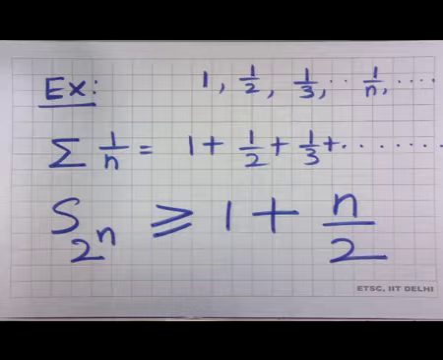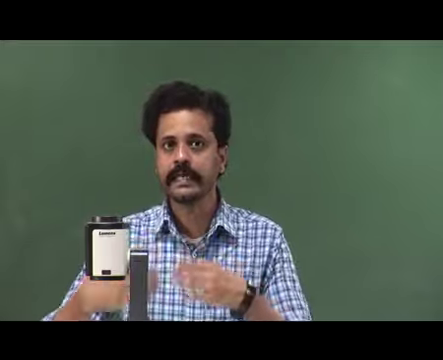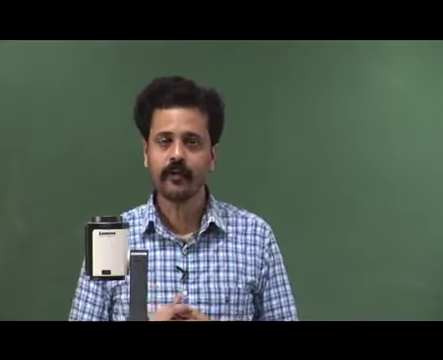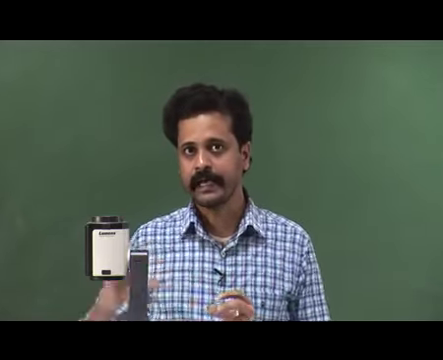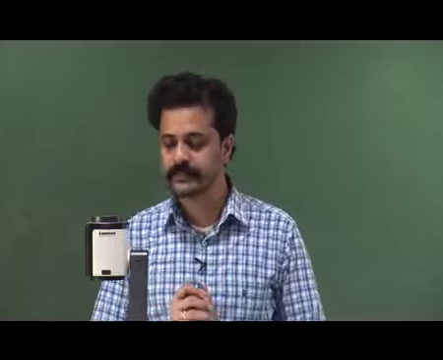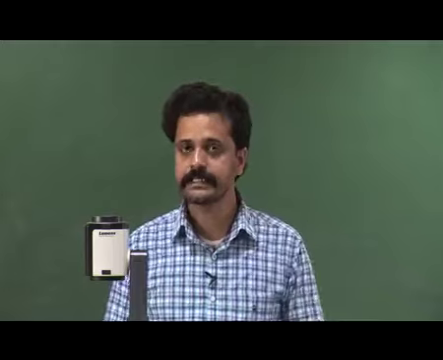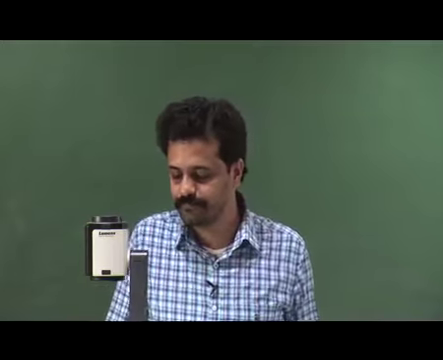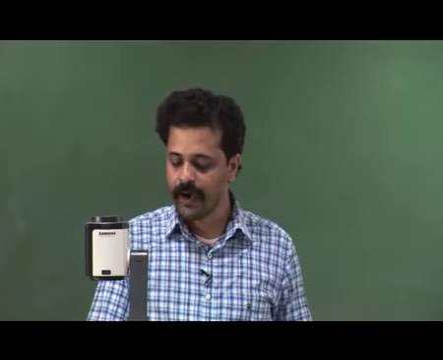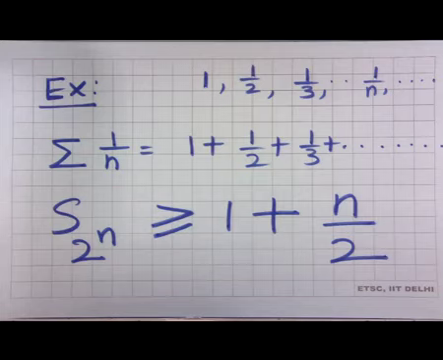So, the sequence of partial sums is not bounded, it goes on increasing. Therefore, we cannot expect that the sequence of partial sums remains close to a fixed number. That is equivalent to saying the series is not convergent. In other words, 1 plus 1 by 2 plus 1 by 3 plus etc. does not represent a finite real number.